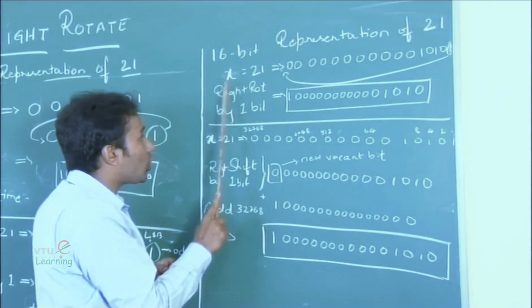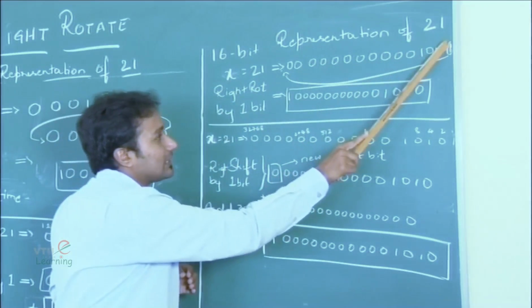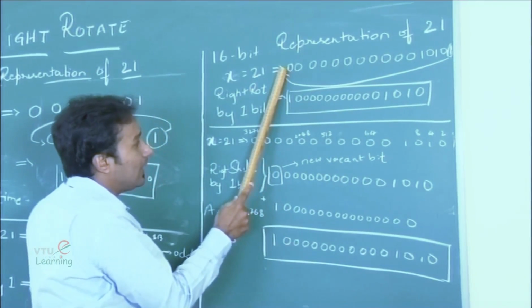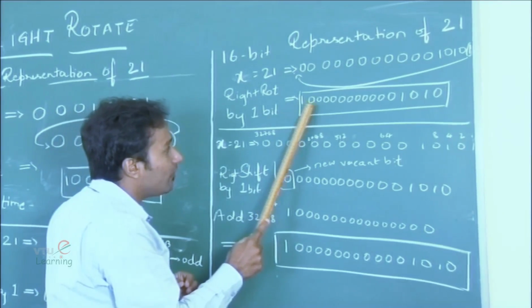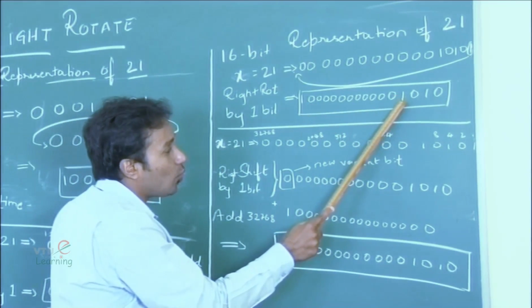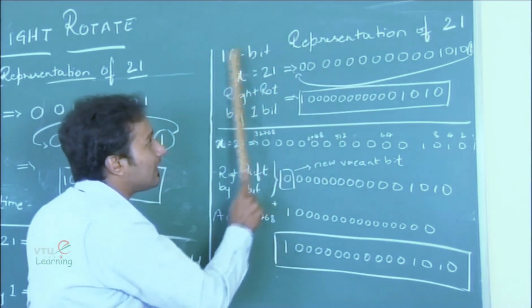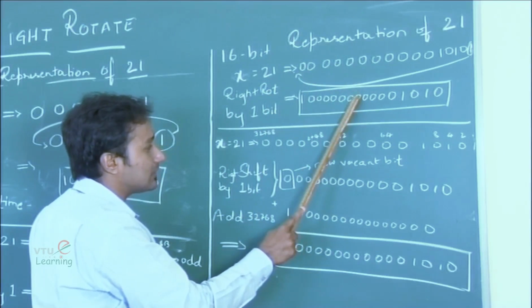If I want to rotate the given number x by 1 bit, then the LSB position 1 comes to the MSB, and the newly rotated number would be 1 followed by 11 zeros, 1010.